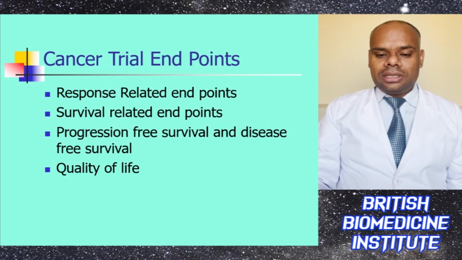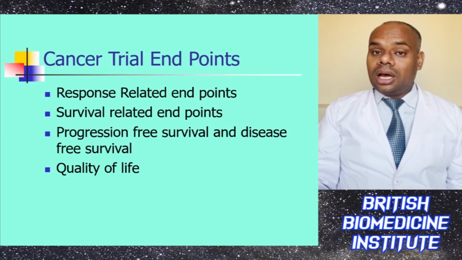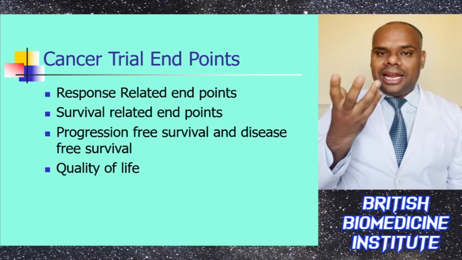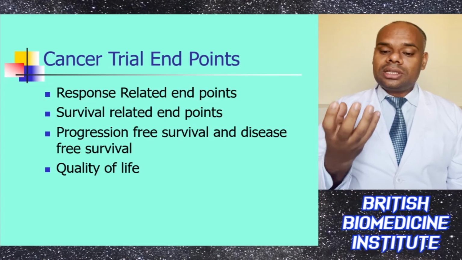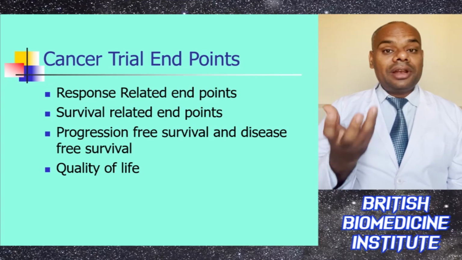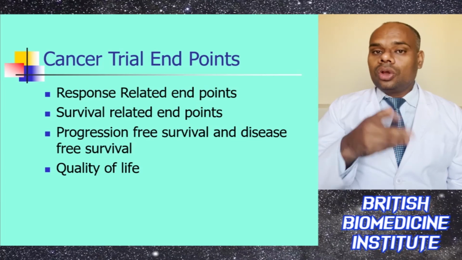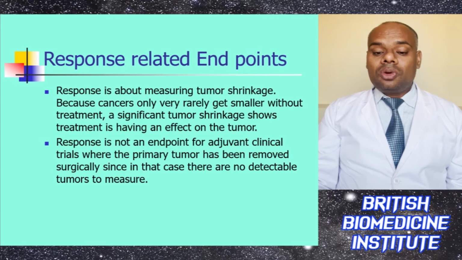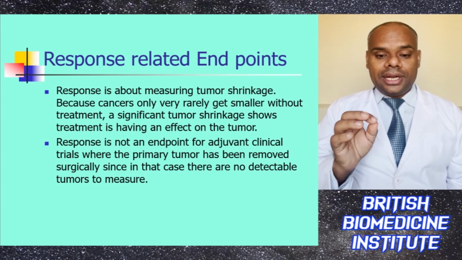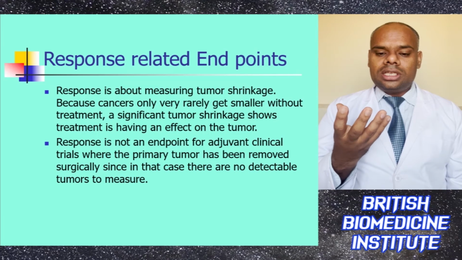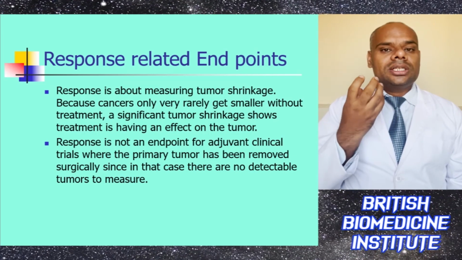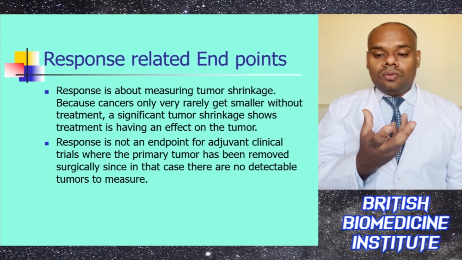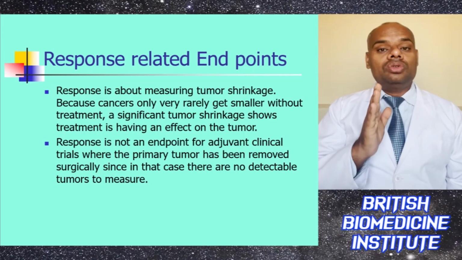Cancer trial endpoints are response related endpoints, survival related endpoints, progression-free survival or disease-free survival endpoints, and they also deal with QOL, quality of life. Response related endpoints measure tumor shrinkage, because cancer only very rarely gets smaller without treatment.